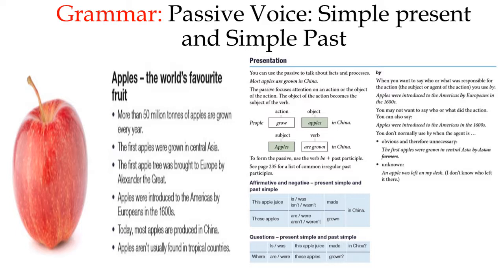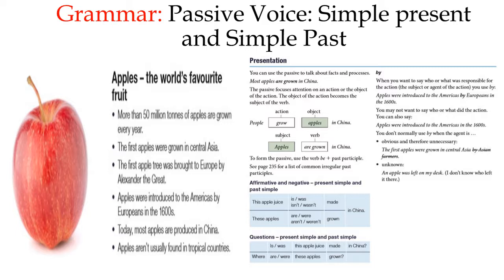So if you want to make passive voice in simple present, you put the object followed by verb to be in simple present plus past participle. If you want to make the passive voice in simple past, you put the object followed by verb to be in simple past plus past participle.